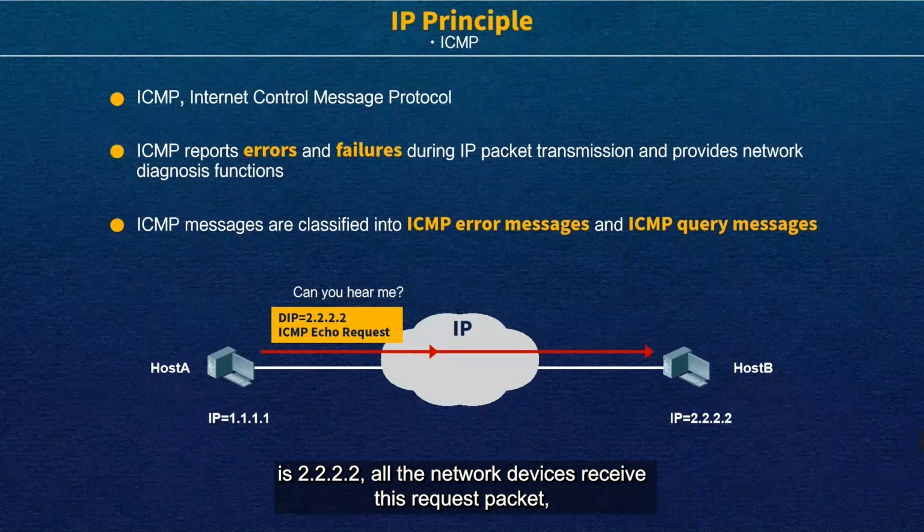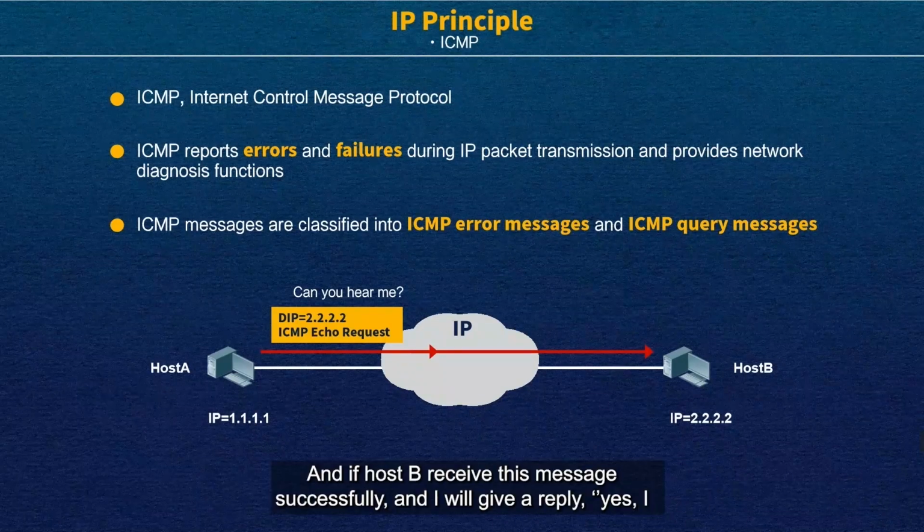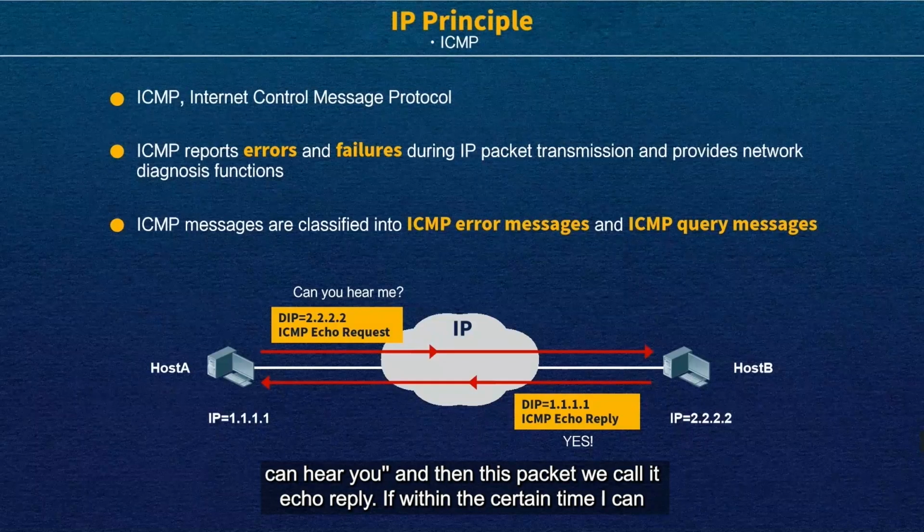All the network devices receive this request packet. I will check my IP routing table, find the best path and forward it to the destination. If host B receives this message successfully, I will give a reply: yes, I can hear you. This packet we call the echo reply.